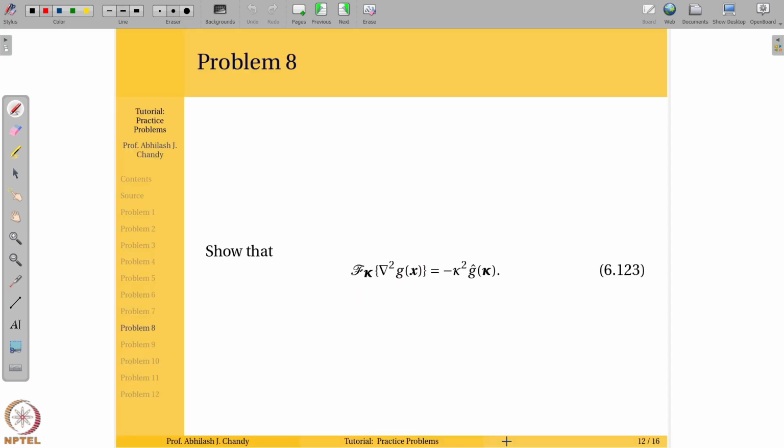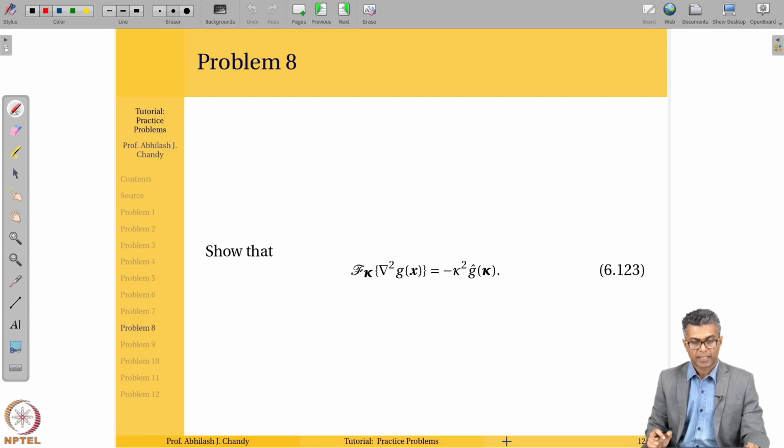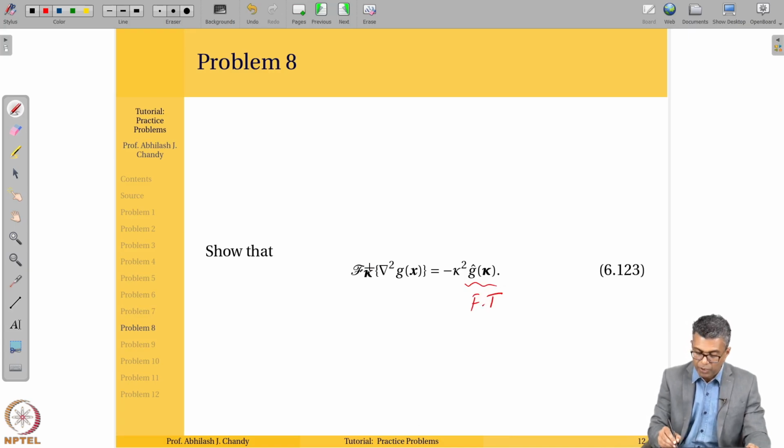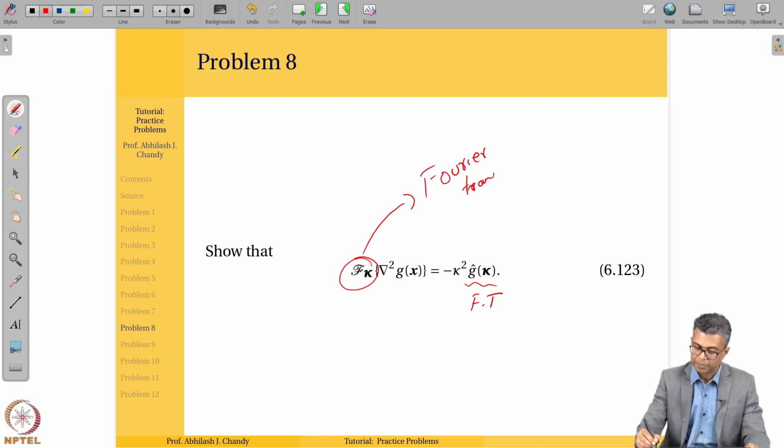Let's try another problem. Show that the Fourier transform of del squared g of x, so that's the Laplacian, is equal to minus kappa squared g hat of kappa. So this is the Fourier transform operator, if you remember.